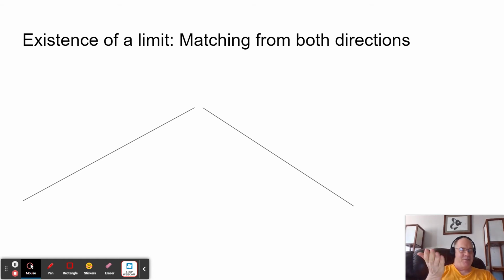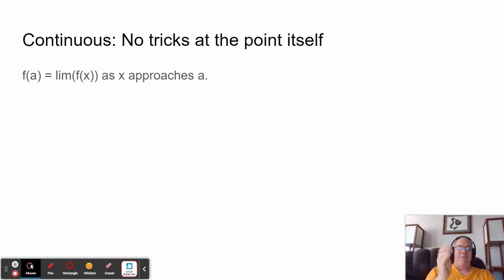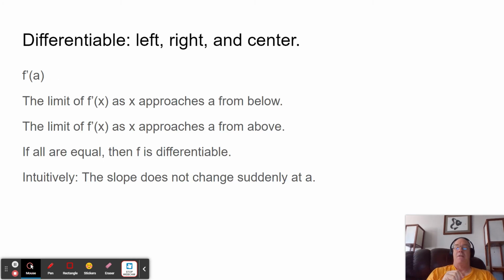The limit approaches the same value from both directions, and yet at that particular point we have funky business. So we have to specifically say the function at a has to equal the limit that it is approaching from both directions in order for the function to be continuous at that point.